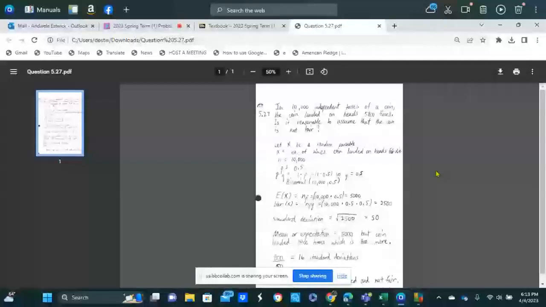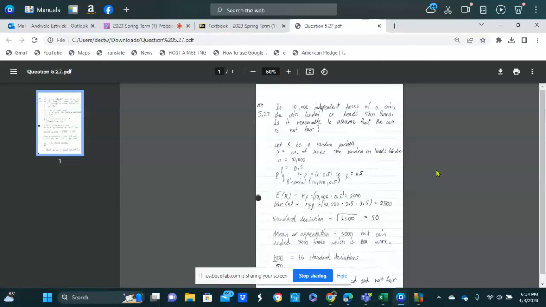N is the number of tosses, which is 10,000, and the probability of heads or tails is half, or 0.5. So p and q equal 0.5. The expected value would be 5,000, and the variance would be npq, which is 2,500.